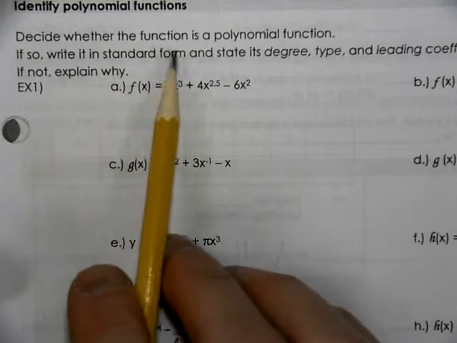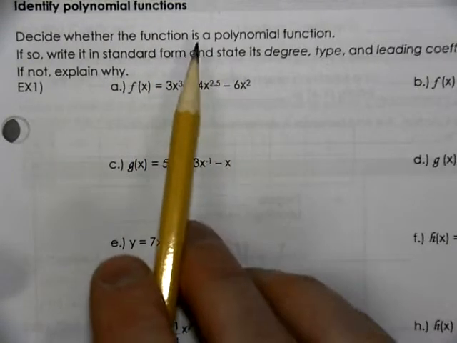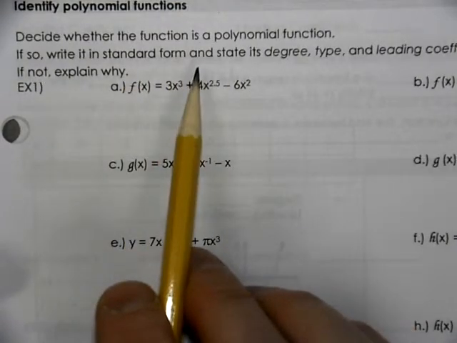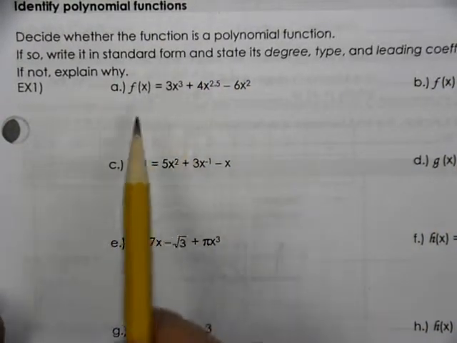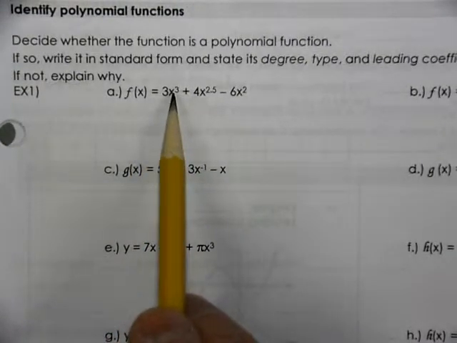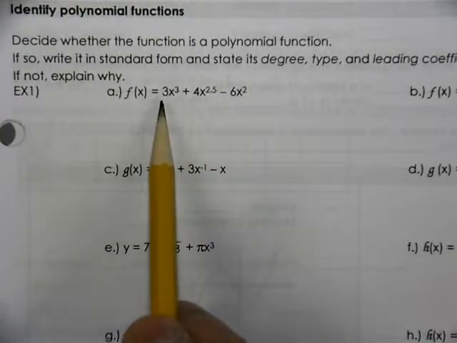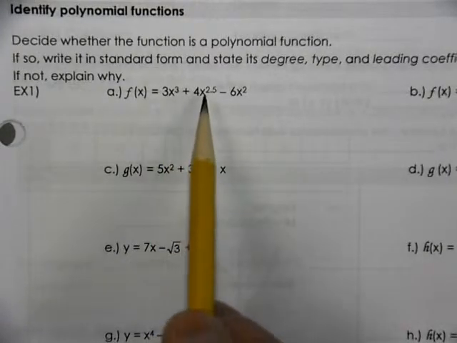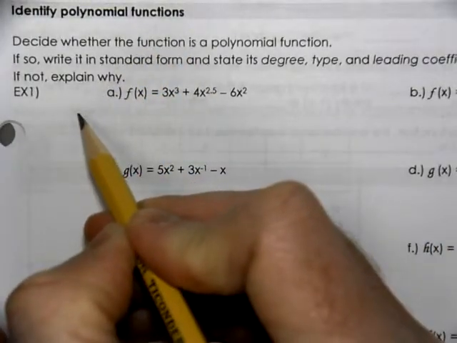So we first need to decide if our given expression is a polynomial. If so, we're going to write it in standard form. We're going to talk about the degree and the type and the leading coefficient. Okay, so we look at this part A. It's listed from largest exponent to the smallest. There's no fractions with denominators with variables, but this does have a decimal for an exponent. So is it a polynomial?